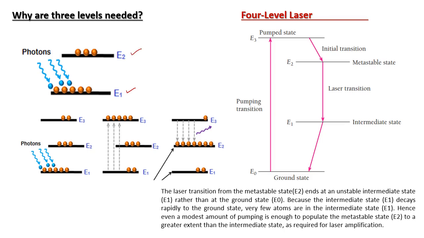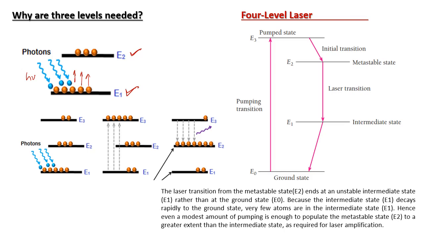This is the metastable state and this is the ground state. The more photons of frequency h nu we pump into the assembly of atoms, the more upward transitions there will be from the ground state to the metastable state.